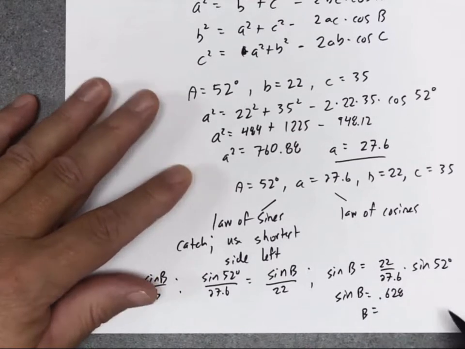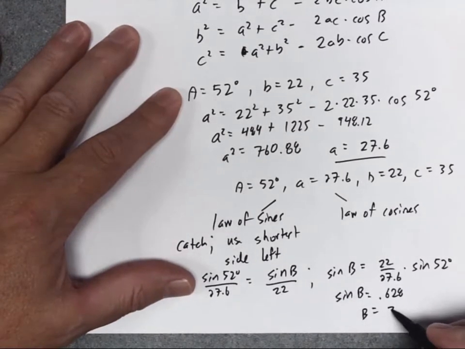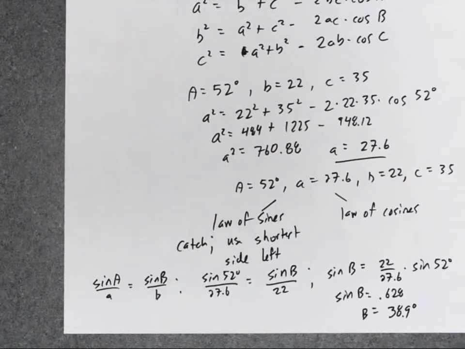Now to find B, I take the inverse sine of both sides. Angle B ends up being 38.9 degrees.